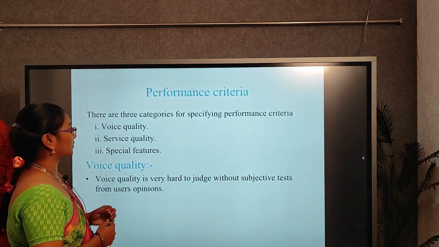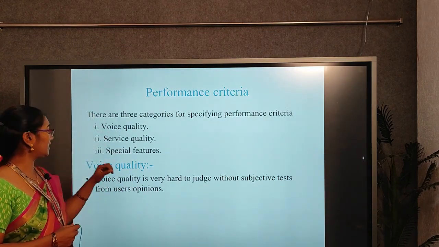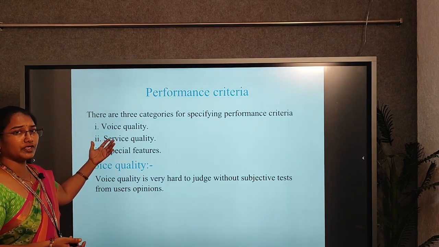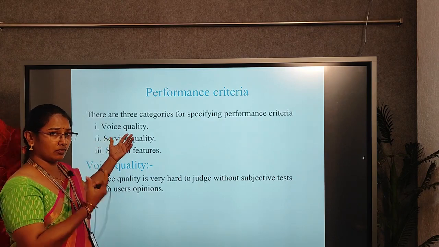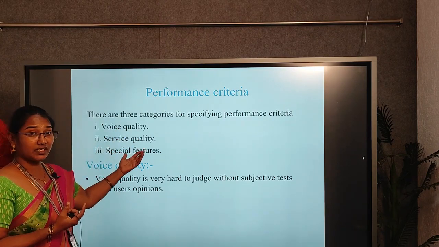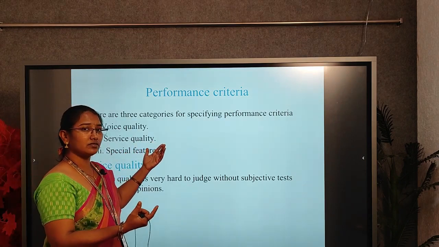Performance criteria. What is the performance criteria? We are in cellular mobile communication, and what we use is simply voice. So voice quality is the first one, and then service quality. Service quality means whenever we require, the service should come.